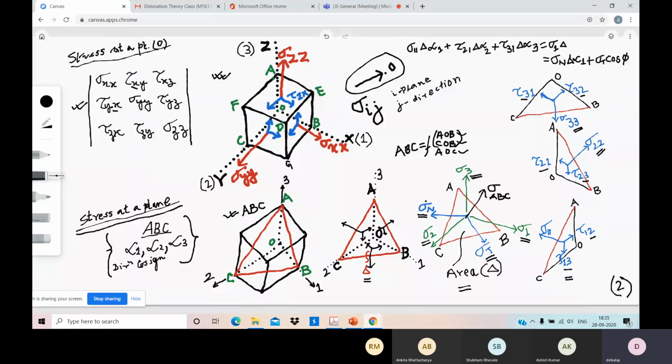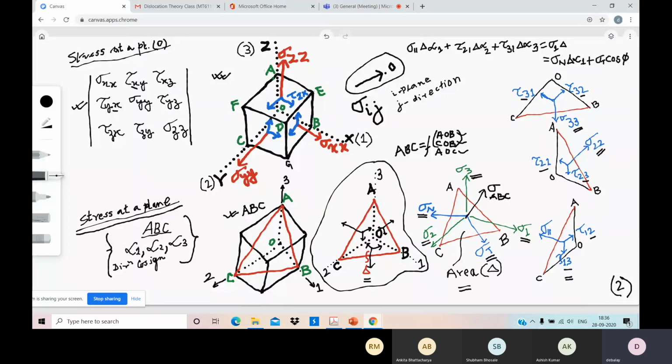So these stresses are actually acting on this entire structure, the entire body. And we are interested to know the net stress acting on the ABC plane. So how to represent that?